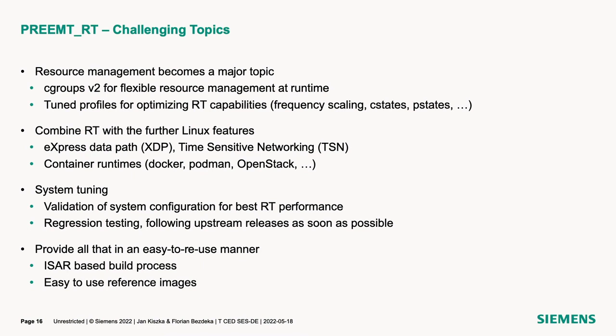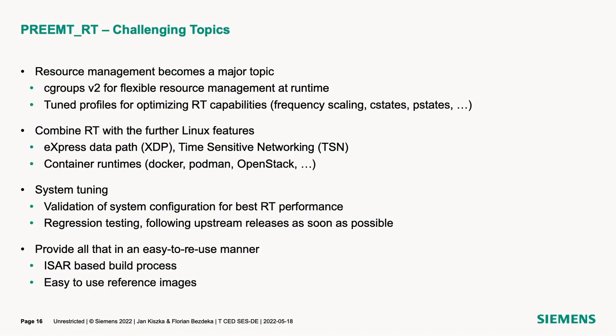We're looking into combining real-time systems with container runtimes, a big topic in different flavors. Some are heading for Docker, Podman, OpenStack, whatever is out there, so that we might even use such runtimes as deployment mechanisms, for example, so that a real-time application might be deployed using such tools.